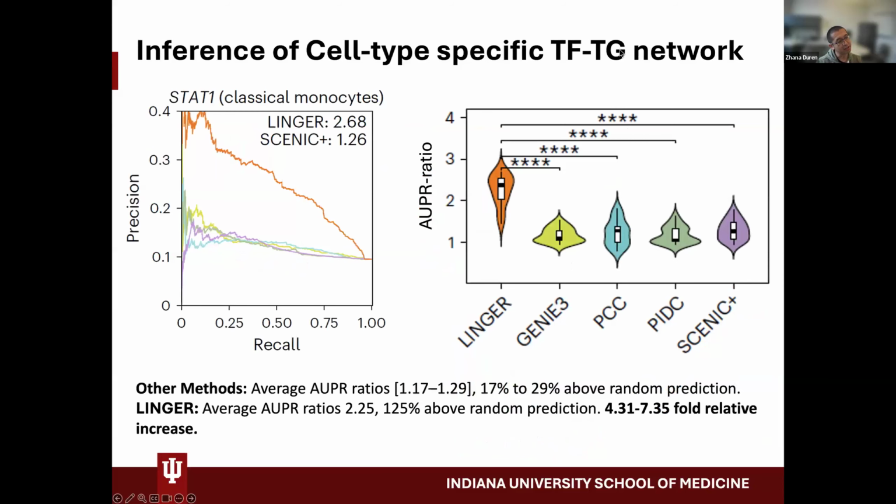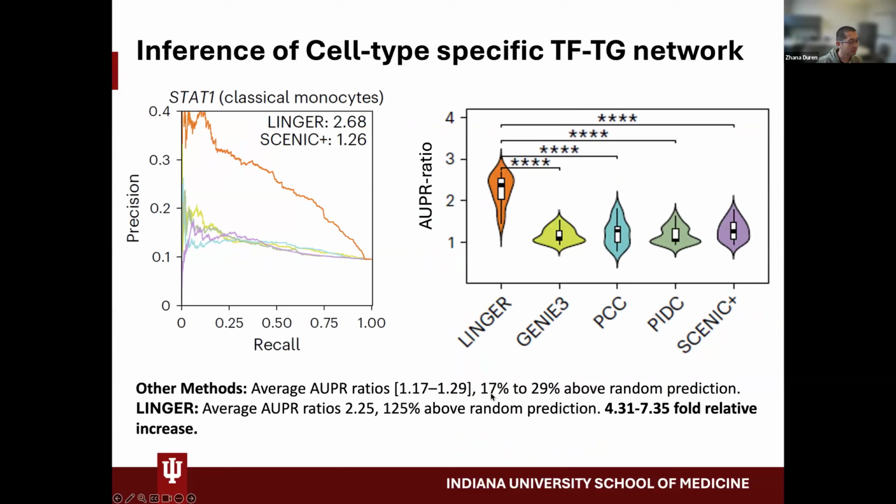So here is the TF and gene based. That is where there are many methods, because both are genes. In this case, our AUPR ratio is about 2.25, which is much higher than the previous methods, which are about 1.2, 1.1. That is consistent with the previous benchmarking papers.